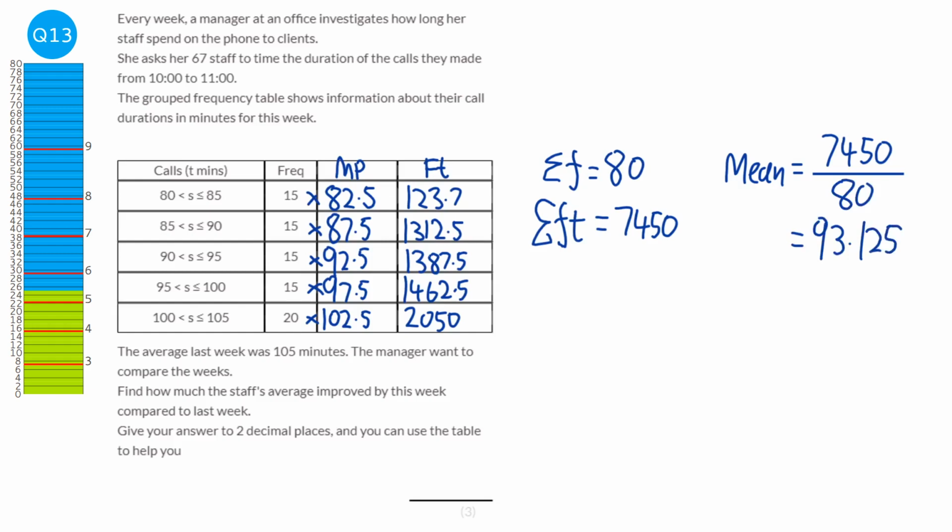93.125. Now this question is about the improvement that the manager has made to the call centre. So we're looking at subtracting the 93.125 away from the last week, which was 105. So we're looking for improvement.